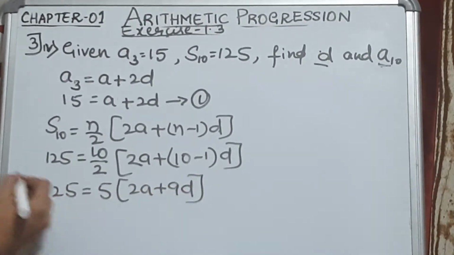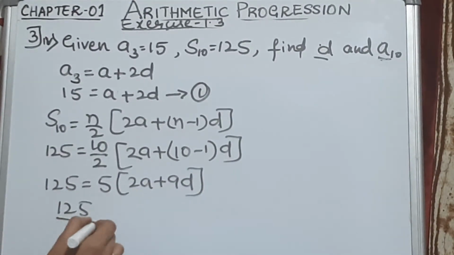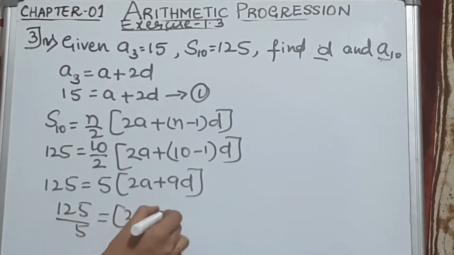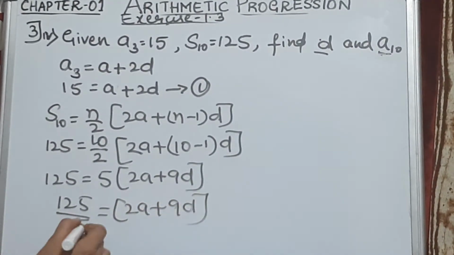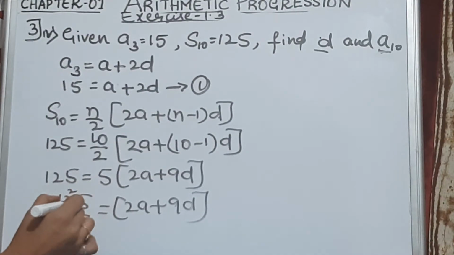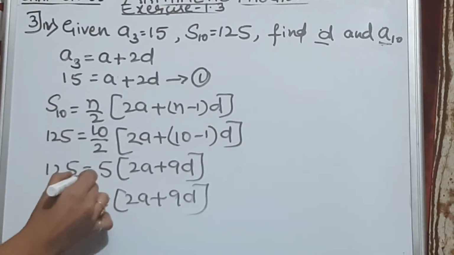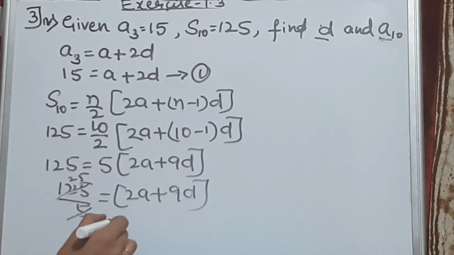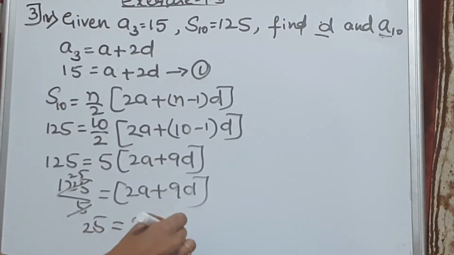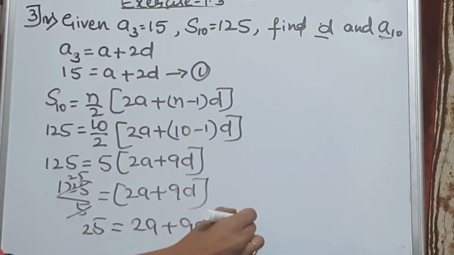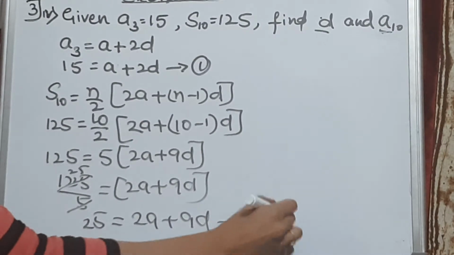Now you take 5 to the other side: 125 by 5 becomes 25, equal to 2A plus 9D. Assume this is our equation 2.